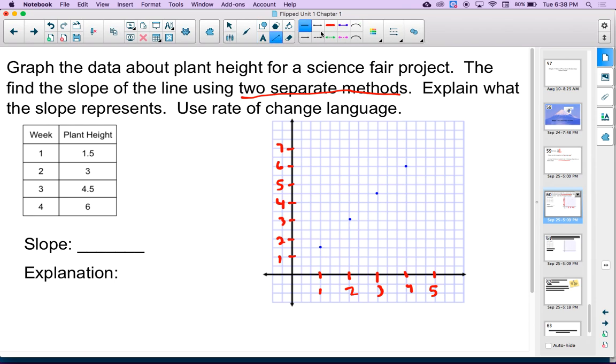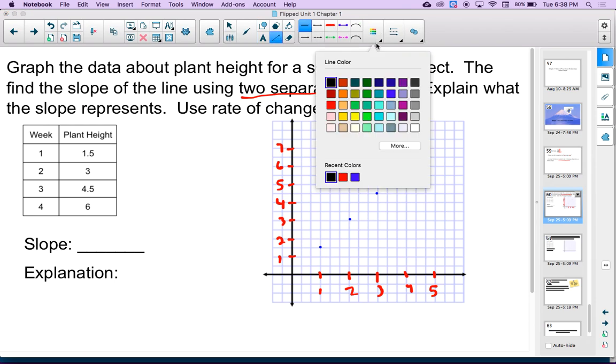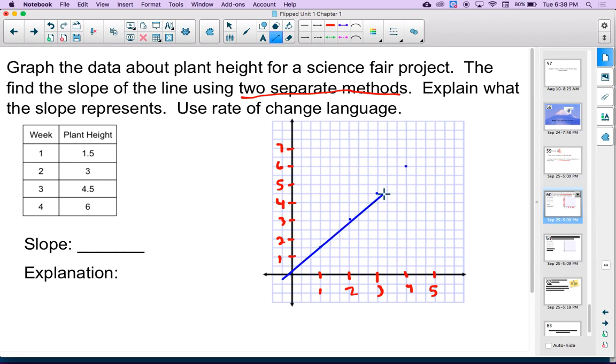I'm going to use my line tool to draw that straight line just so it's really nice and straight. And so we can see that this has created a linear graph.